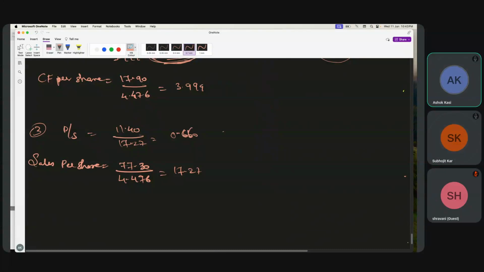Whereas in the industry, price to sales is 1.4. So it is better, a lower price here also.